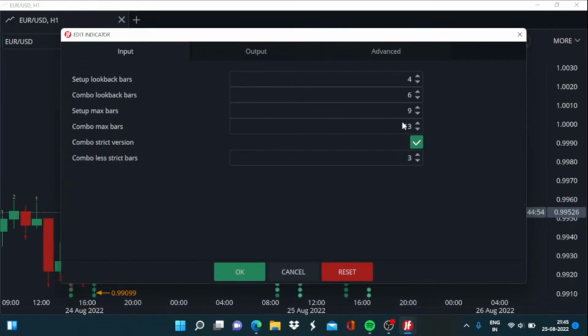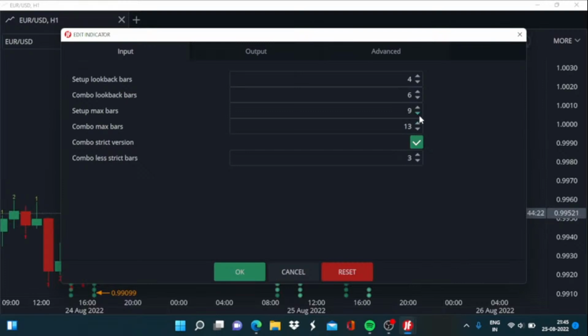The setup max bars are 9. So whenever 9 consecutive bars of the bullish or bearish formations take place, we get a newly defined level for the support or resistance. So if you want the TD combo indicator to provide you the support or resistance level with different setup max bars, then you can define the number of bars after which we will get the new support or resistance level depending on the near-term price action data.